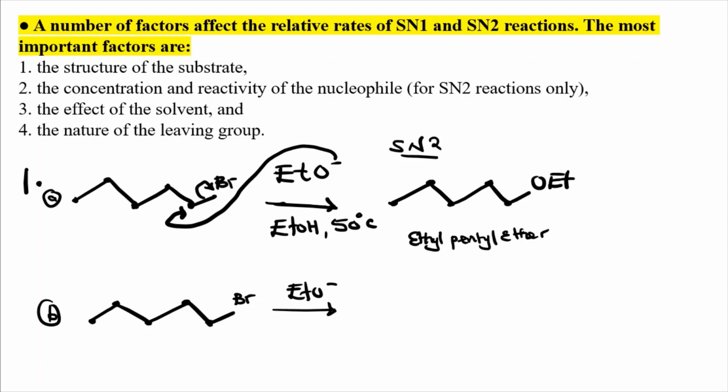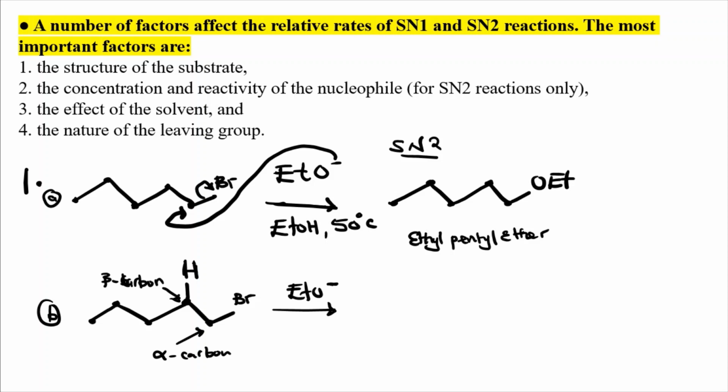So you know that this is an alpha carbon here. This alpha carbon is attached to this beta carbon. So this carbon here is a beta carbon, and this beta carbon has got a beta hydrogen, and this beta hydrogen is acidic.